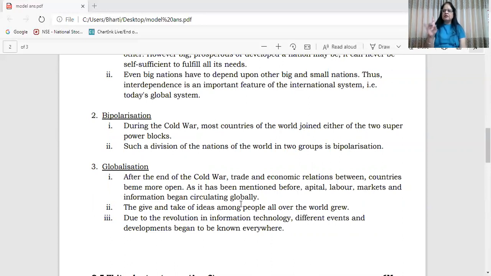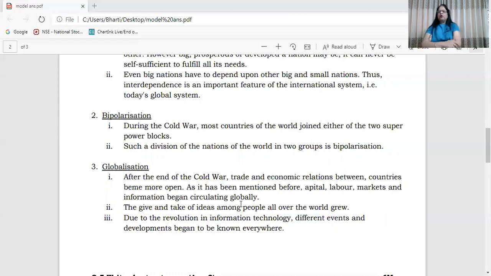First point it is. Second point, the give and take of ideas among people all over the world grew. Third, due to revolution in information technology, different events and developments began to be known everywhere. Yeah, you can write developments begin to take place everywhere.